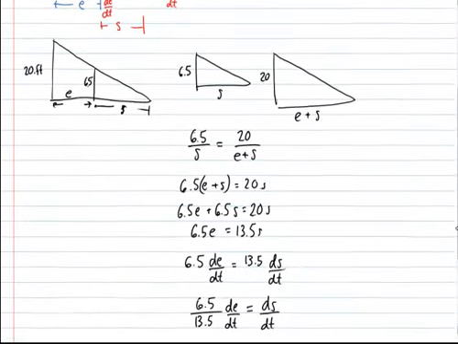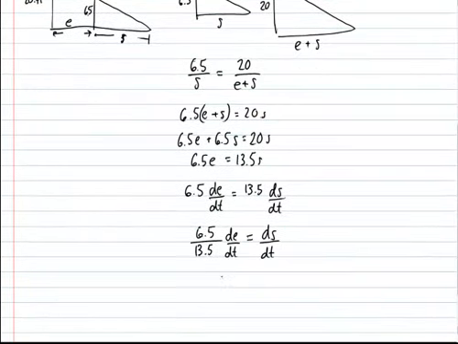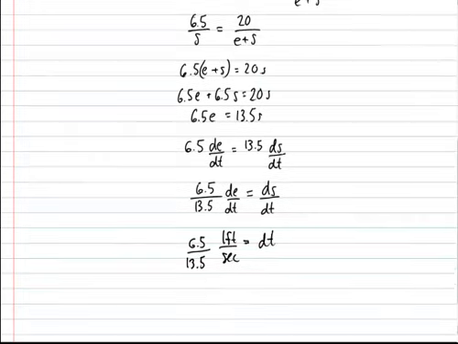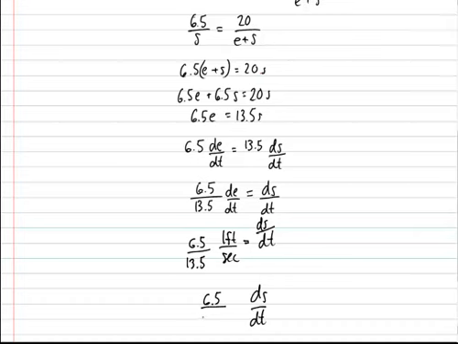We can just solve for dS dt, and that is equal to 6.5 divided by 13.5 feet per second.